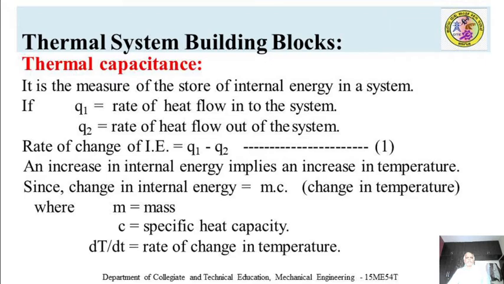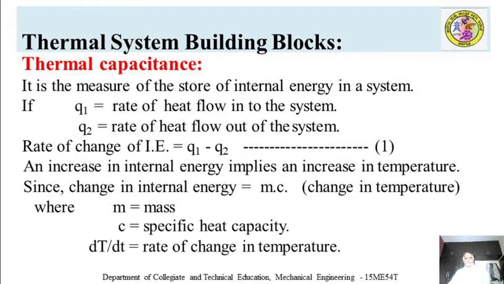Coming to thermal capacitance, it is the measure of store of internal energy in a system. Q1 is rate of heat flow into the system, Q2 is rate of heat flow out of the system. Therefore, rate of change of internal energy equals Q1 minus Q2.